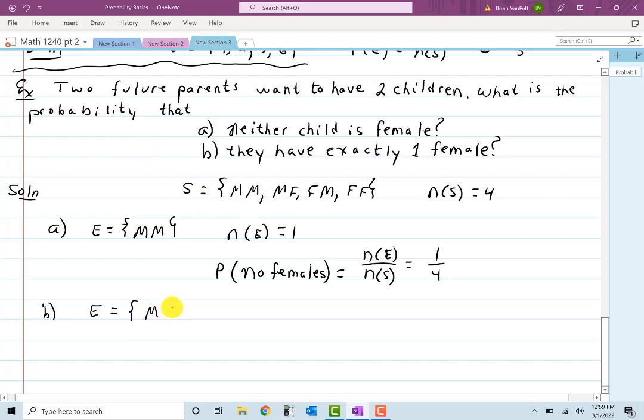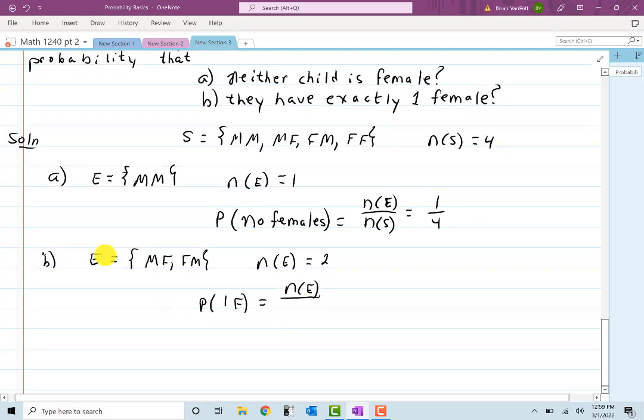So we have MF or FM. And so the size of the event is only 2. And so the probability of one female equals the size of the event divided by the size of the sample space. So we get 2 out of 4, or 1/2.